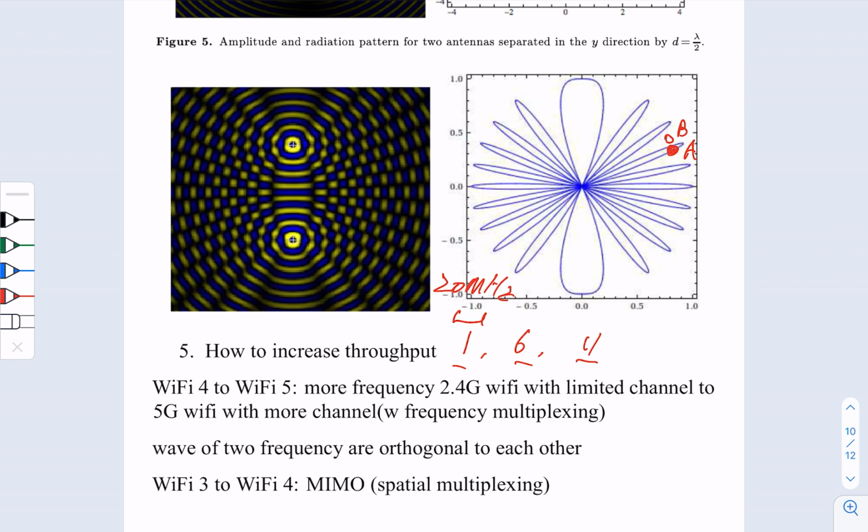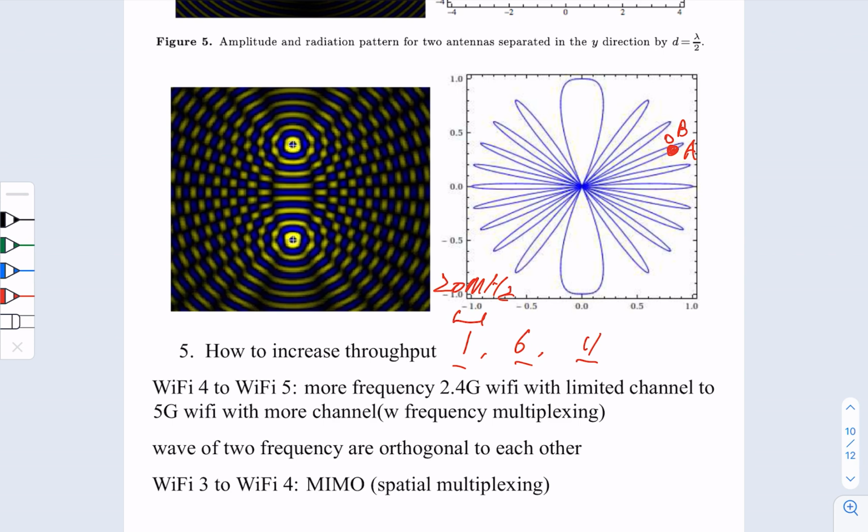So this means that the throughput actually depends on the number of antennas. That's why in modern days you see a lot of antennas in the router. You can see like 8 antennas or even more, and even in your receivers, say your phones, you have at least 2 antennas.